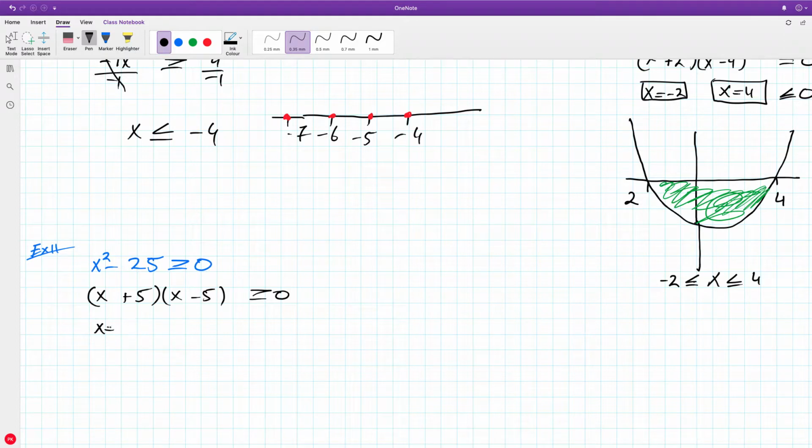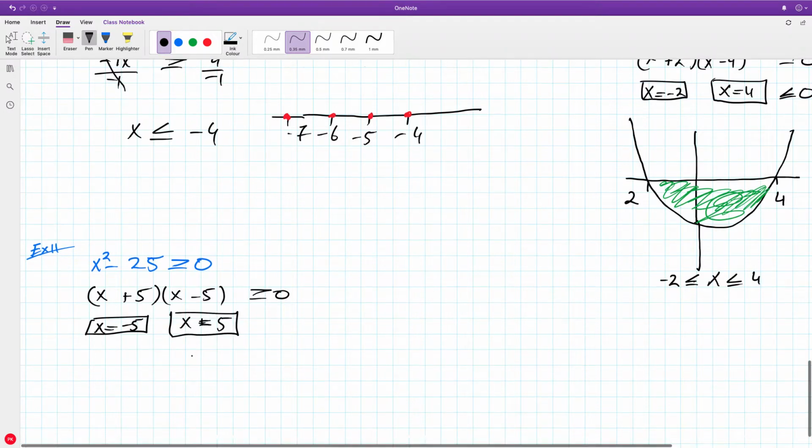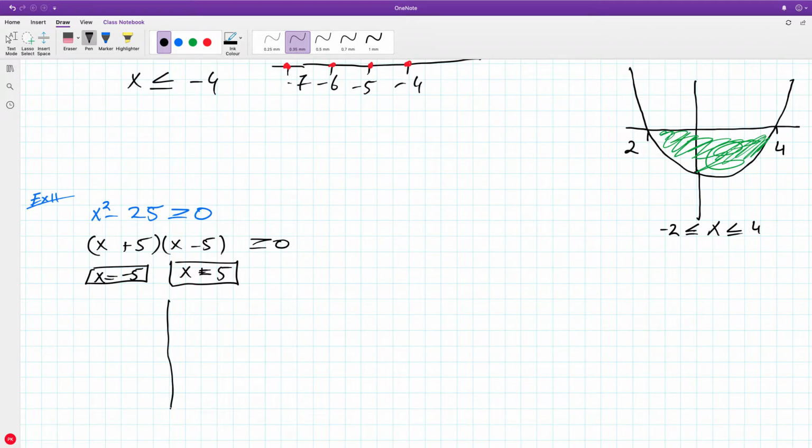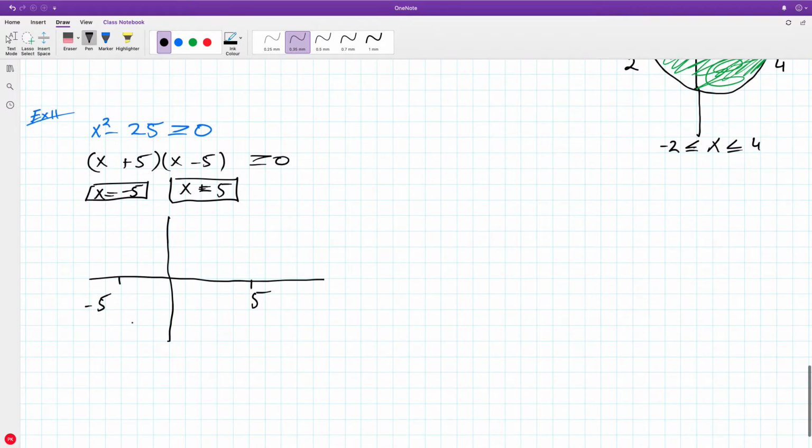So x is equal to minus 5, x is equal to 5. Right, draw our little graph. There is 5 and minus 5. U-shaped.